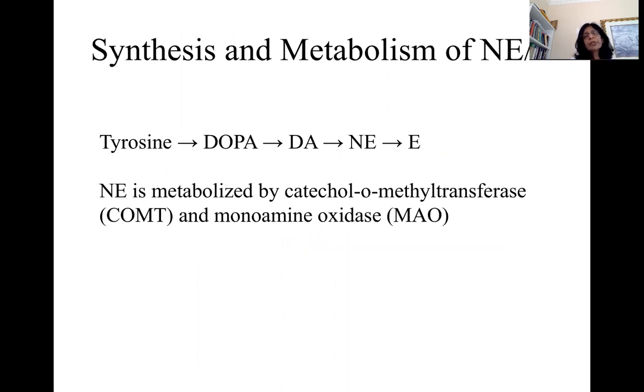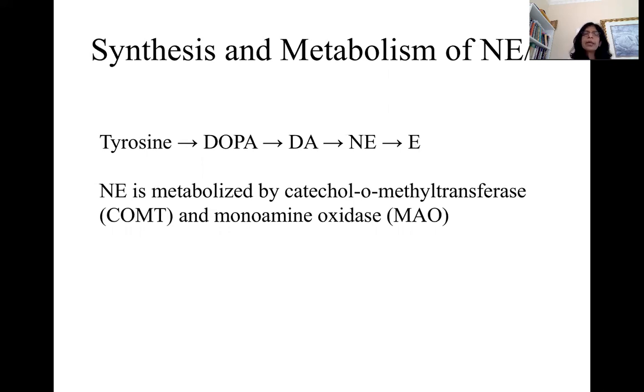Tyrosine is first converted to DOPA, that's like a precursor, and then that would become dopamine, and then dopamine is converted to norepinephrine and ultimately epinephrine within the vesicle. And they are all catechol rings with small changes in the structures. For example, a methyl group added to norepinephrine becomes epinephrine, and so on.